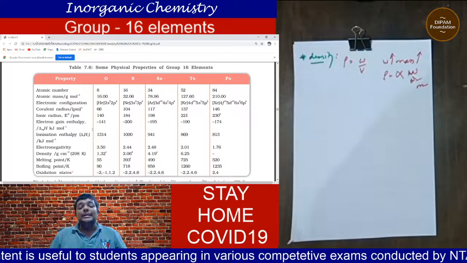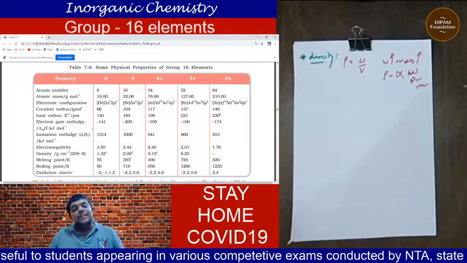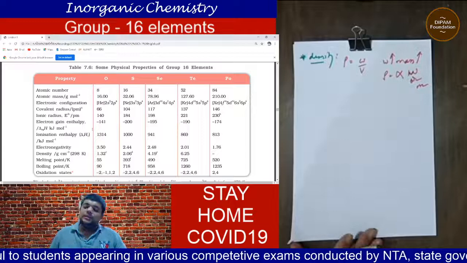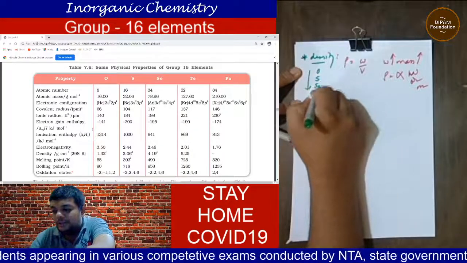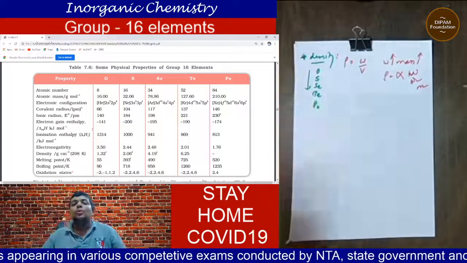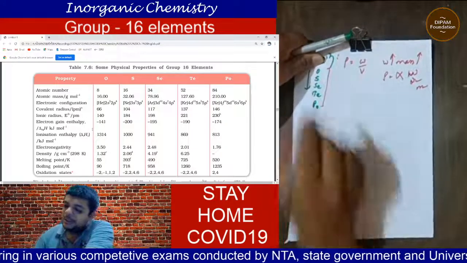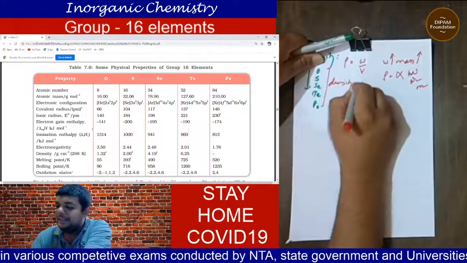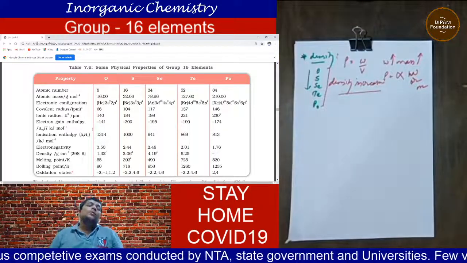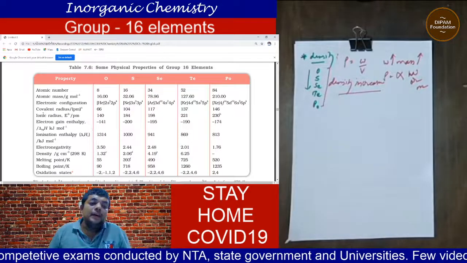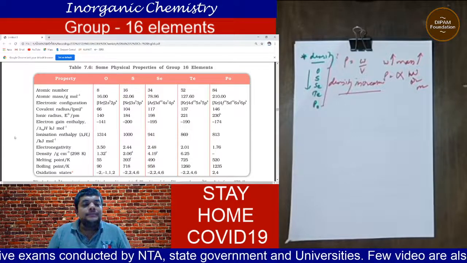So going down a group, if the atomic mass increases sharply, make it very clear that the density also increases sharply. So going down the group, from oxygen to sulfur to selenium to tellurium to polonium, the concept of density increases.